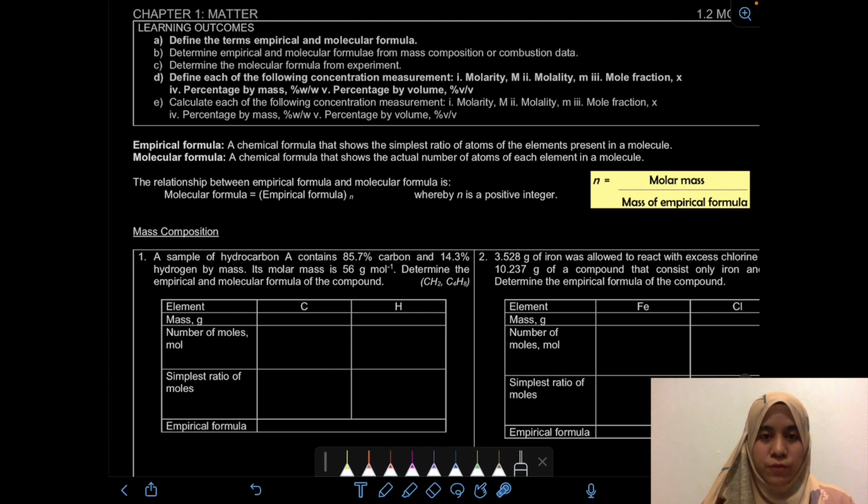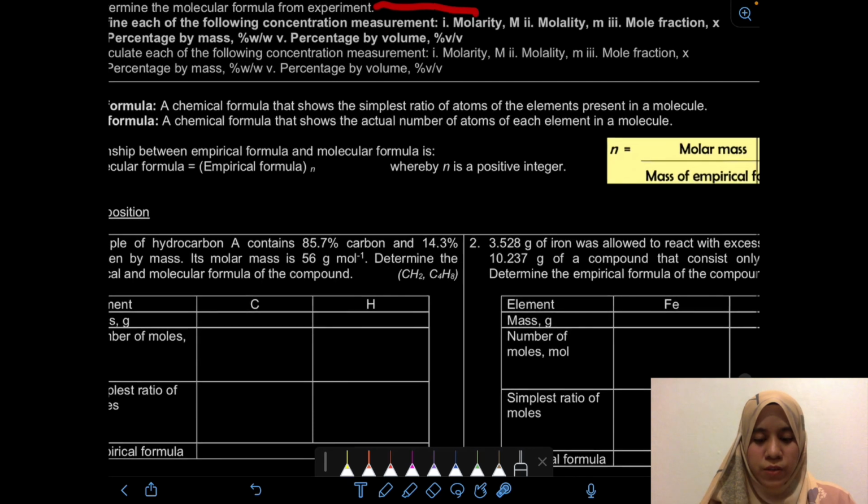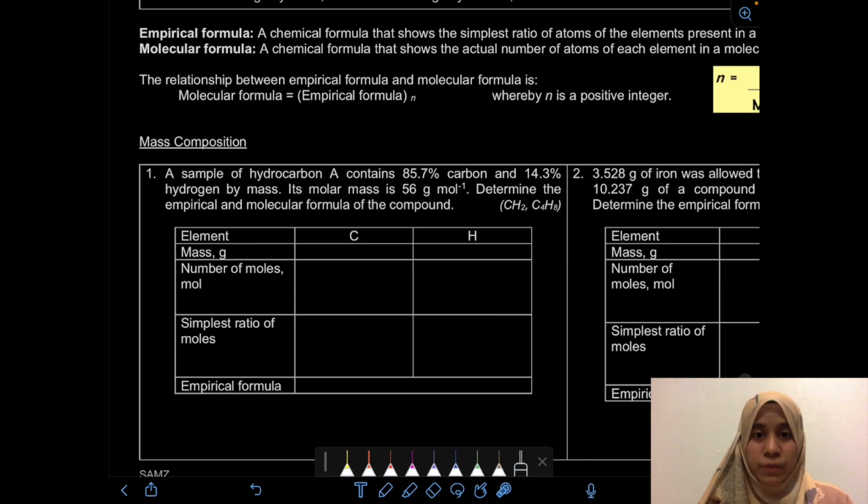Okay, so first and foremost, what we're going to learn is about mass composition. Let's look here. Mass composition, example 1. A sample of hydrocarbon. When it says hydrocarbon, H is our hydrogen and C is our carbon, so that's why our elements are C and H. It says here it contains 85.7% carbon and 14.3% hydrogen by mass, and its molar mass is 56 gram per mole.